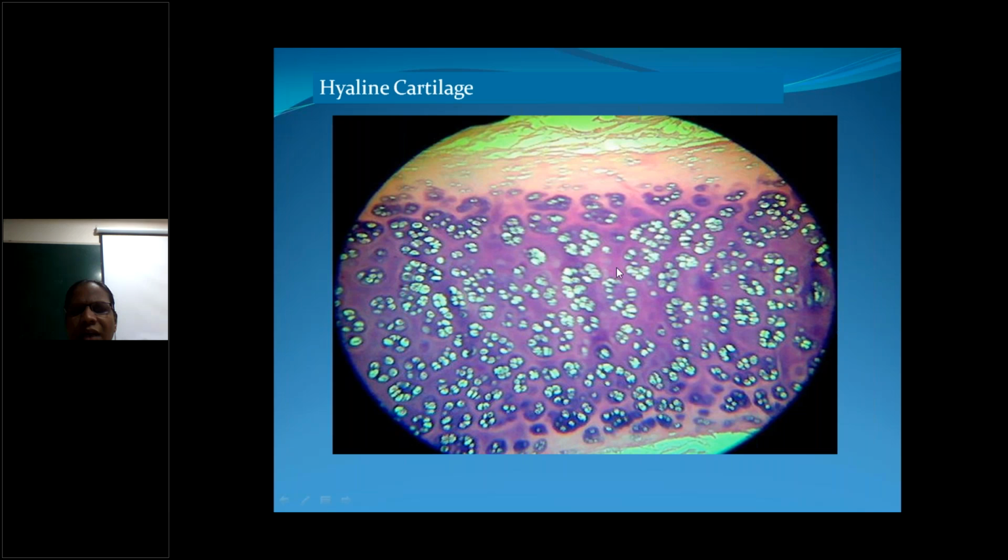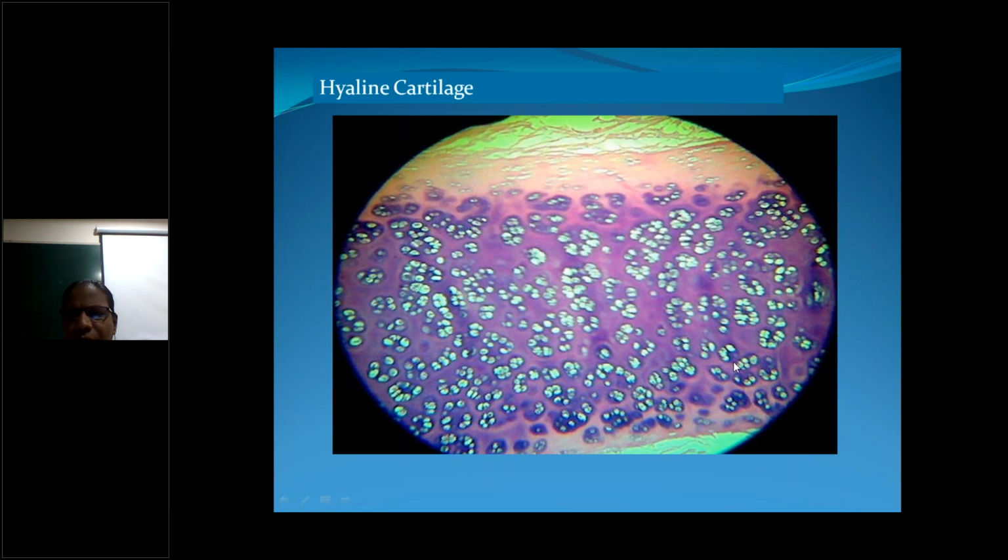So in between the isogenous groups of chondrocytes, this part we call the matrix. When you come to the matrix part, they will ask what are the two matrices present in the cartilage: territorial matrix and interterritorial matrix. Territorial matrix means surrounding the cell nest.